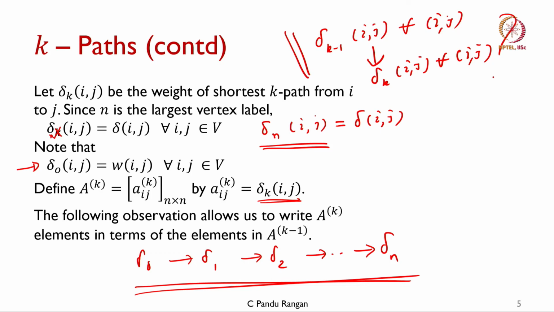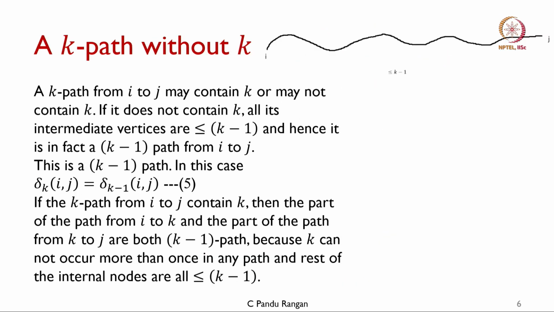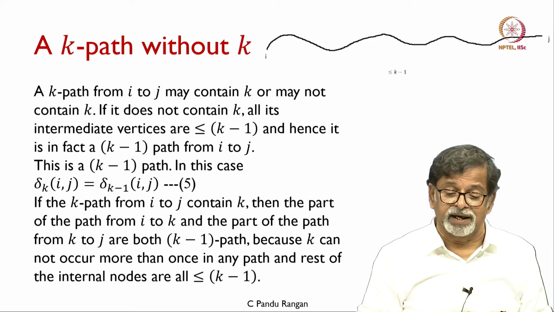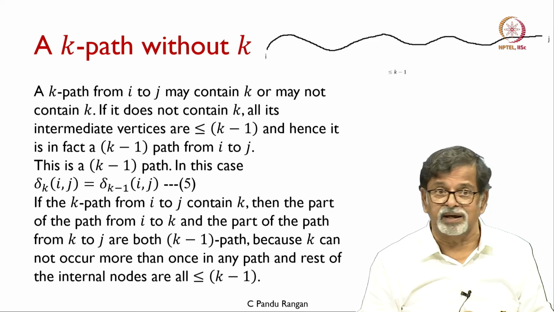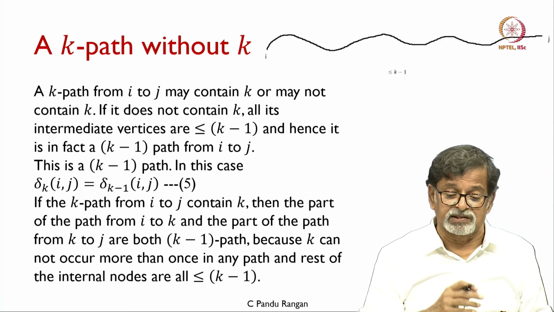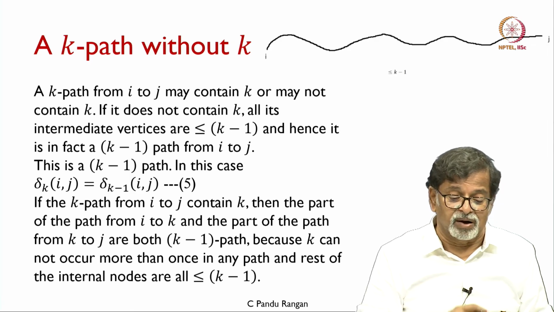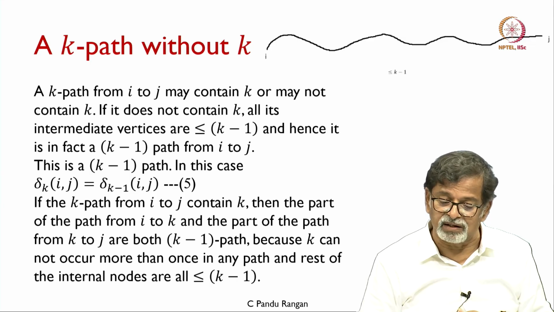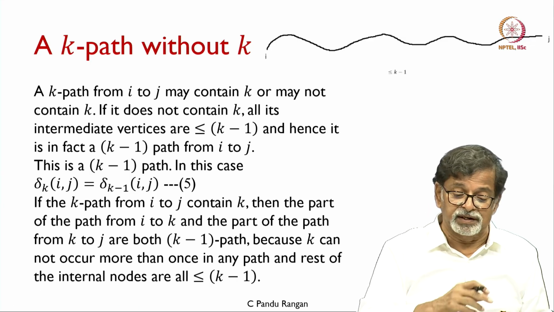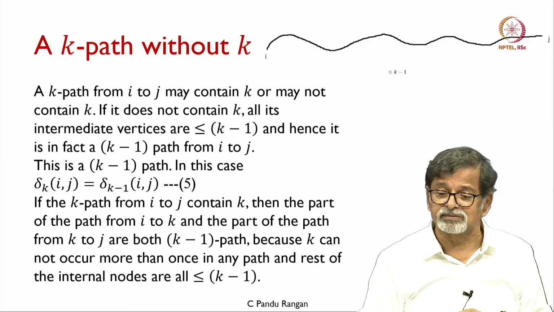Now, a k path from i to j may contain k or may not contain k. If it does not contain k, all its intermediate vertices are less than or equal to k minus 1, and hence it is in fact a k minus 1 path.